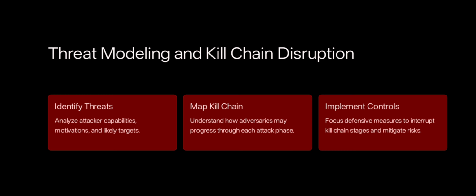1. Lockheed Martin Cyber Kill Chain, 7 steps. 1. Reconnaissance, researching targets, e.g., open ports, email addresses, technologies. 2. Weaponization, creating a malicious payload, e.g., malware, exploit. 3. Delivery, sending the payload to the target, e.g., phishing email, USB drop. 4. Exploitation, triggering the payload, e.g., exploiting a vulnerability. 5.